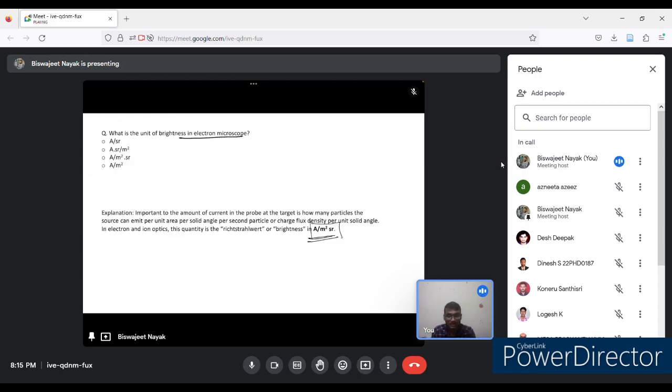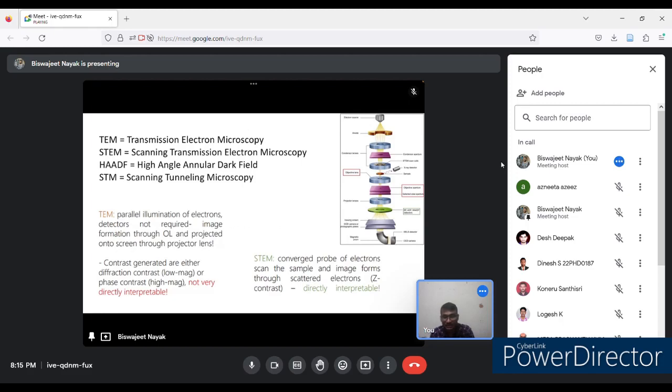There are certain confusions people always have, like between STM and STEM. This is a little bit of an introduction to that. To go into the course itself, TEM first: transmission electron microscopy.